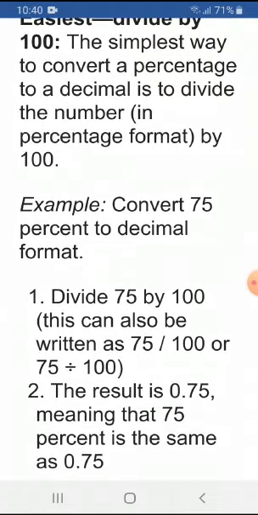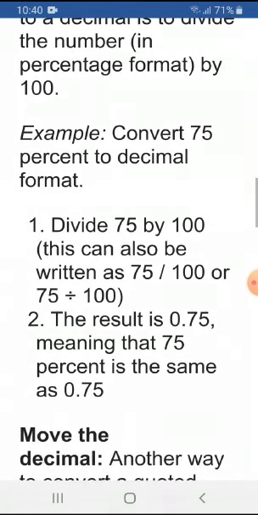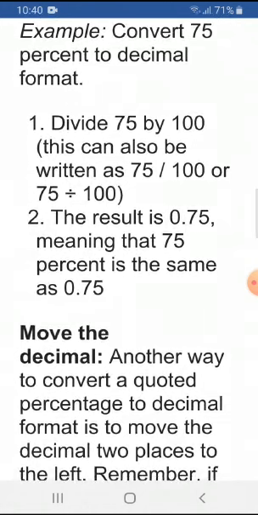You have to convert 75% to decimal format. You have to divide 75 by 100. To divide 75 by 100, it would be the same as to write it as a fraction, 75 over 100. So the result will be 0.75. That means that 75% as a decimal is 0.75.